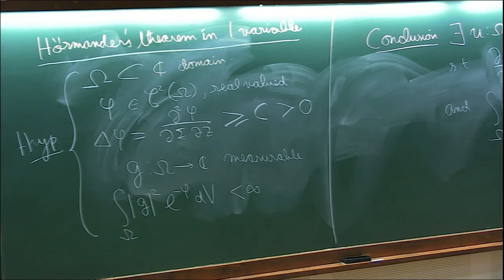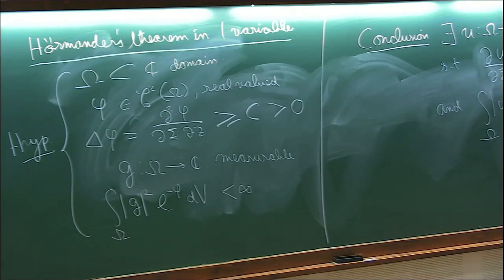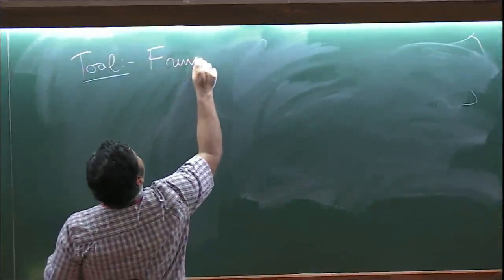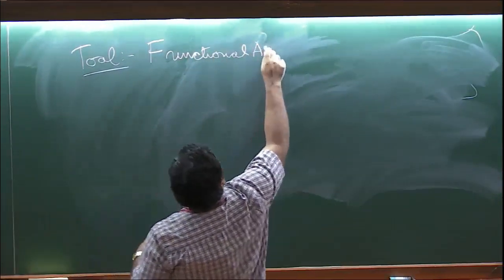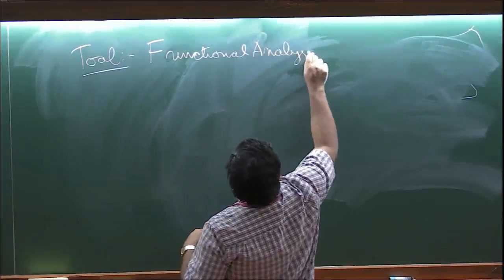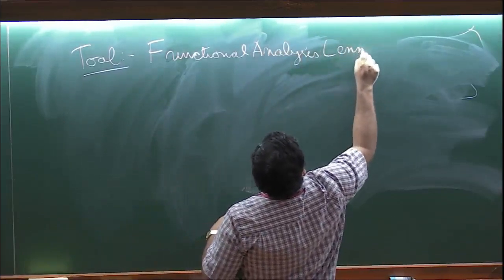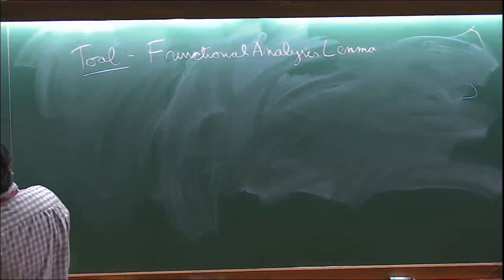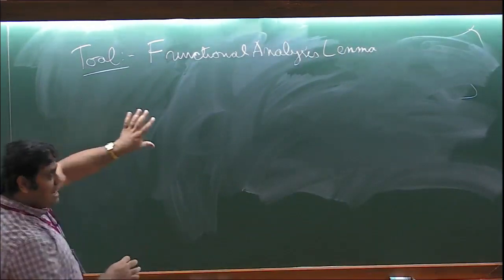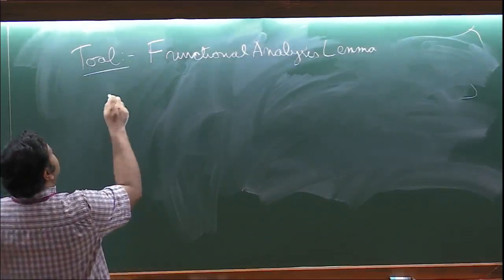So first, we will need a tool which, following Dieudonné, I will call the functional analysis lemma. So what is this functional analysis lemma? Let me state it first, and then I will explain the various terms that occur in it.